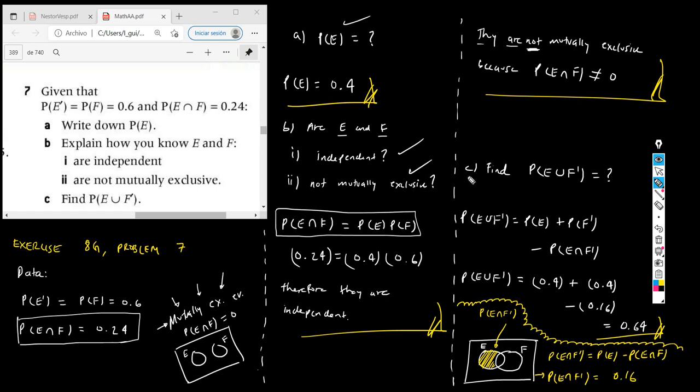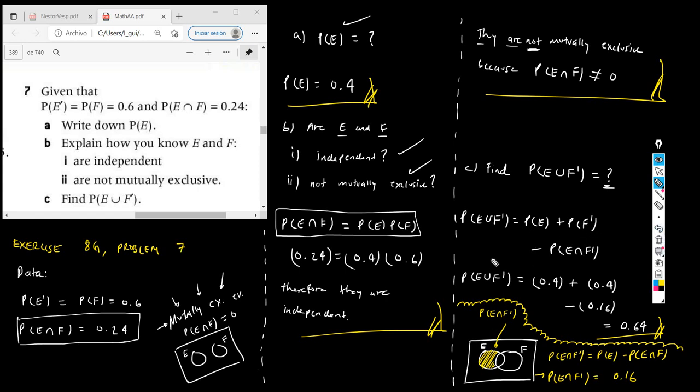Perfect. Question C. Find the probability of E or F prime. In other words, the probability of the union of E and F prime. That's equal to, who knows? Okay, so let's write the formula for the probability of a union, which is, as you may know by now, equal to this.